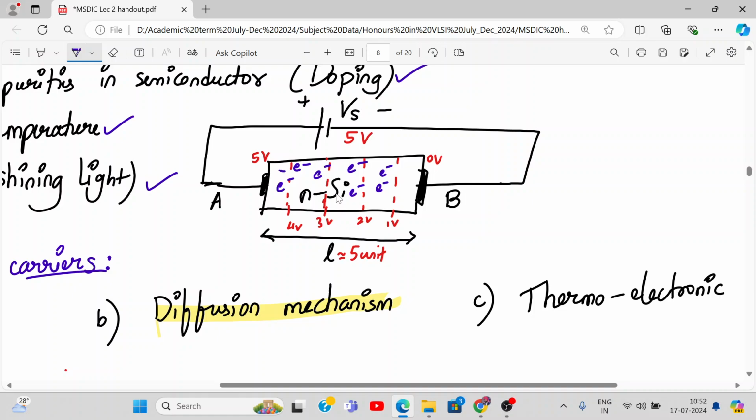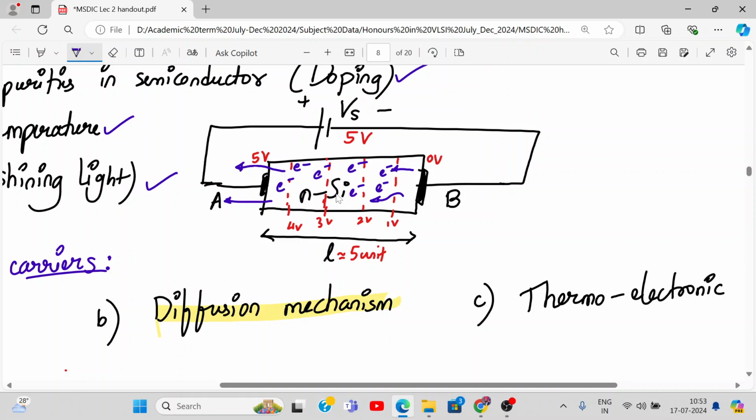So all of these electrons will be attracted towards the positive potential of the battery. Agree? So all of them will be traveling from right to left. So when the electrons travel from right to left, the current will travel from left to right, the opposite side of the flow of electrons, conventional current.